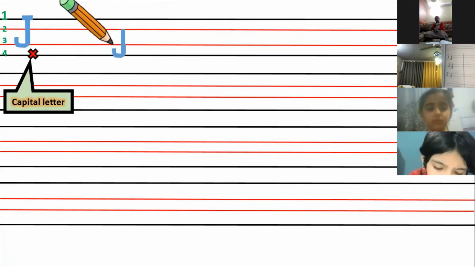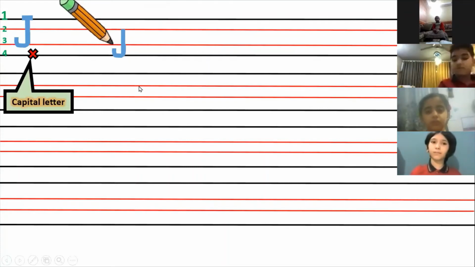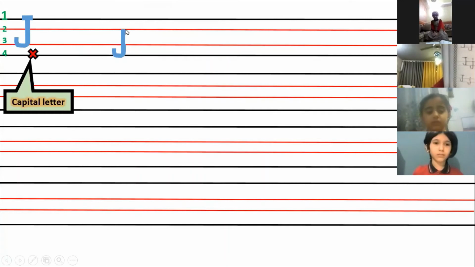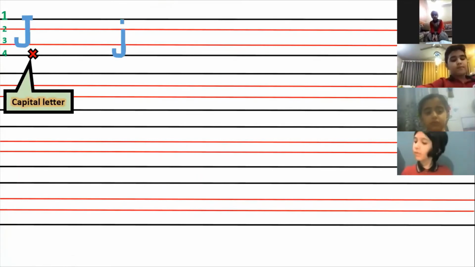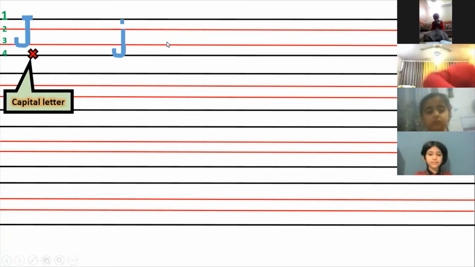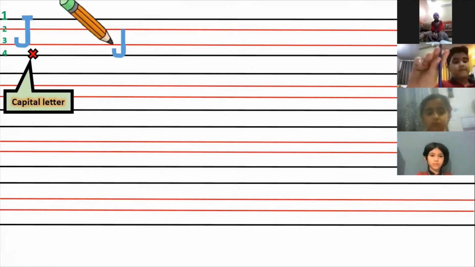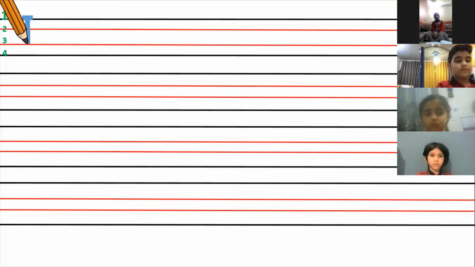But instead of drawing a short horizontal line, you have to put a dot at the top of the letter. This is the small letter J.